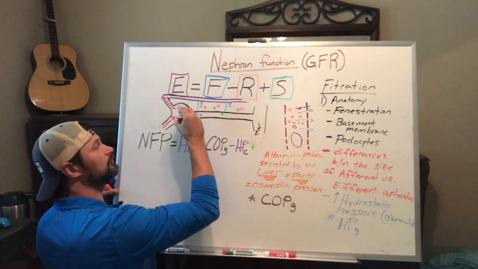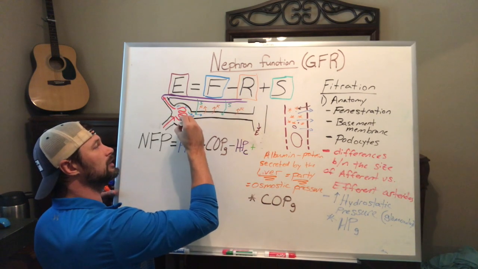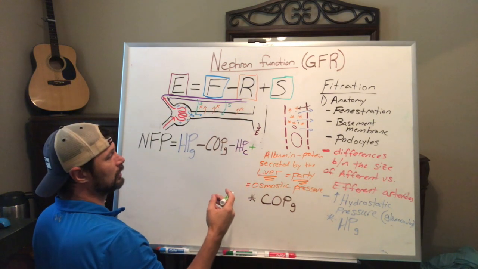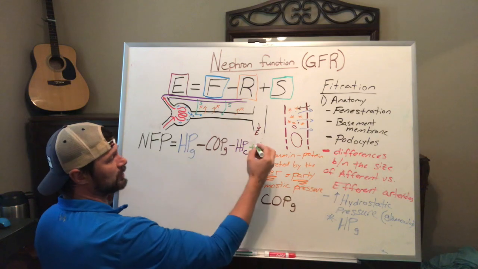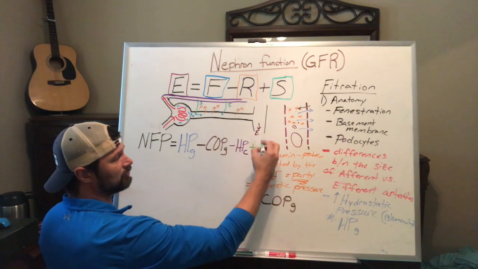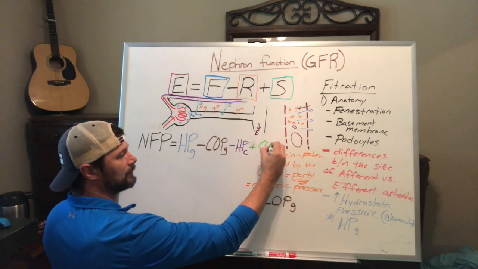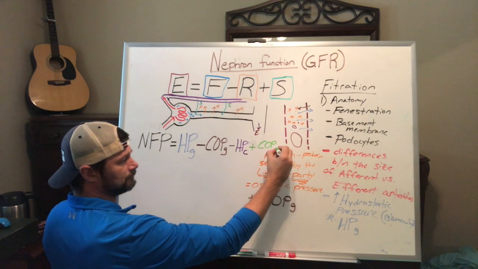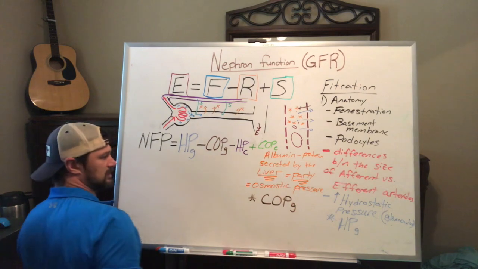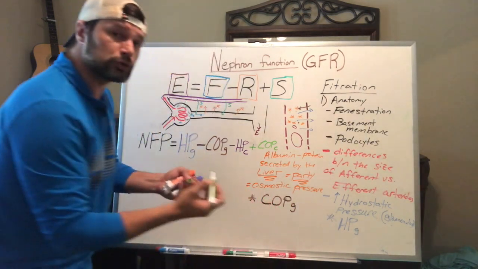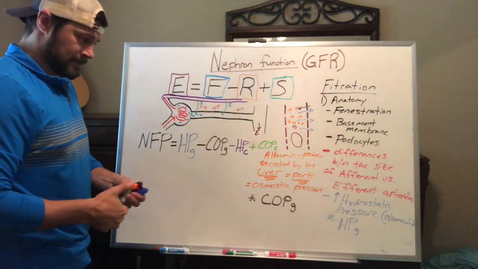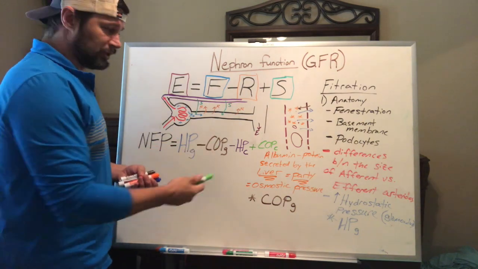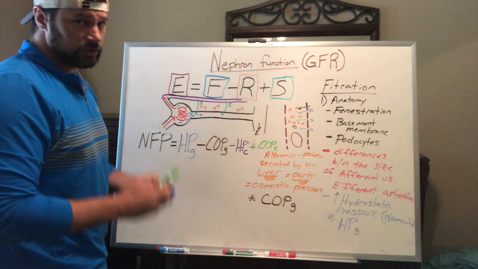And that would cause fluid to try to go from the blood towards that party. It would promote filtration from the blood into the Bowman's capsule. So we're going to add it back to our formula, and this is going to be COP. I'm running out of room, but this is colloid osmotic pressure inside of the Bowman's capsule. Again, this value is normally 0. Only if we start to filter proteins will that value change, and then it's going to have a huge impact on filtration.